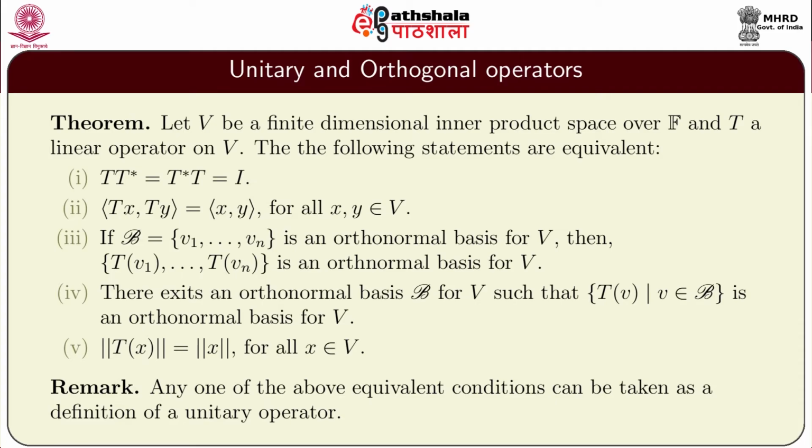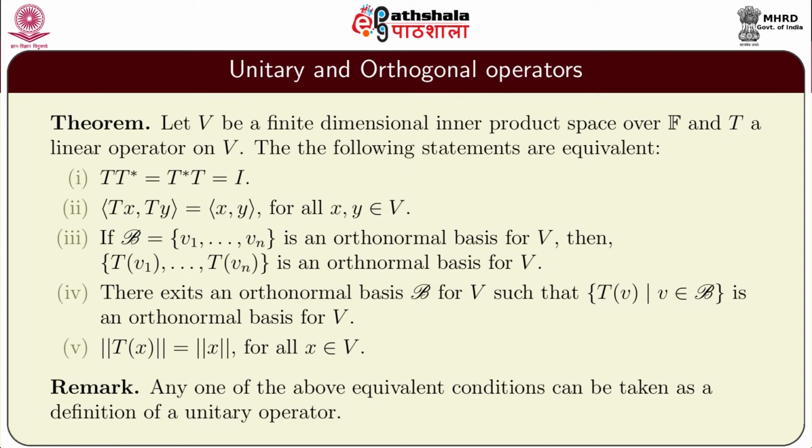Statement 1: T star T is equal to T T star is equal to I. 2: inner product Tx, Ty is equal to inner product x, y for all x, y in V. 3: if B equal to the set containing v1, v2, ..., vn is an orthonormal basis for V, then the set containing Tv1, Tv2, and so on up to Tvn is an orthonormal basis for V. In other words, T maps an orthonormal basis to another orthonormal basis.